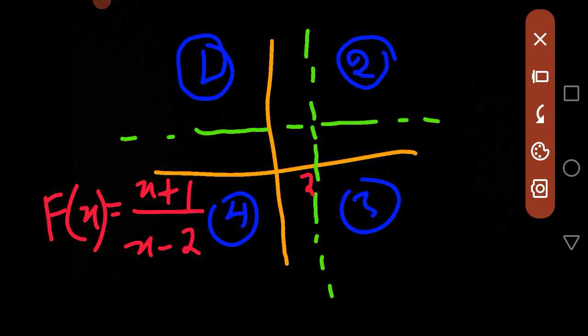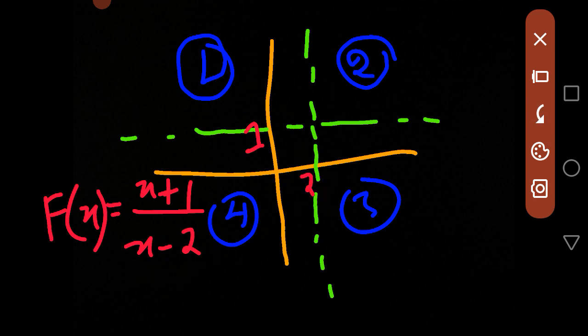Perfect. So in this case, your horizontal asymptote is going to be 1, because if you take the coefficients of x at the top and at the bottom, you have a 1 there. And setting the denominator equal to 0, you get a positive 2, which is that positive 2 there.